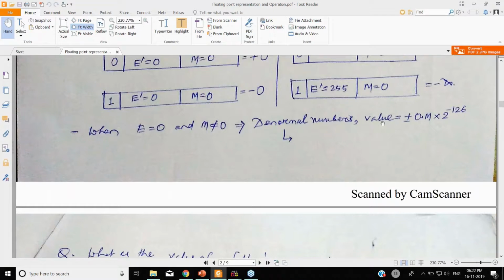Here the value is minus 1 to the power s into 0.m into 2 to the power minus 126. So the exponent is fixed, that is minus 126, but the mantissa is provided.